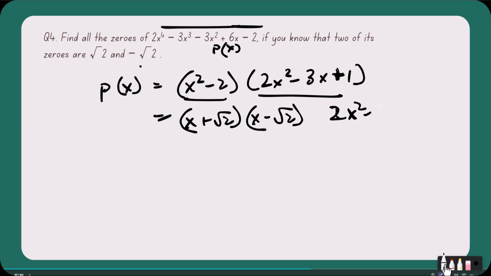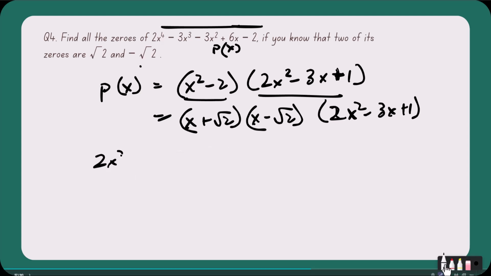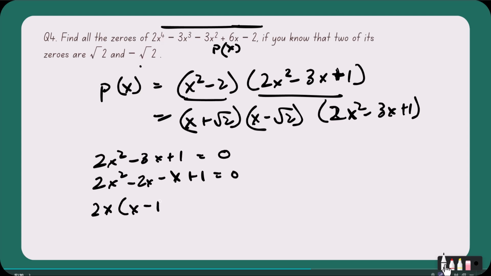How do we split this? We can use splitting the middle term. 2x square minus 3x plus 1 equal to 0. I'll split it: 2 into 1 gives 2, right? So you can write minus 3x as minus 2x minus x, plus 1 equal to 0. Take 2x common outside, you have x minus 1, minus 1 outside, so you have x minus 1 equal to 0.